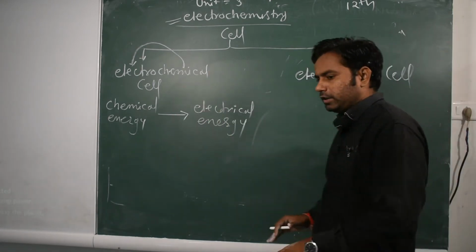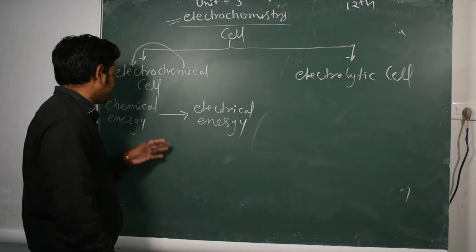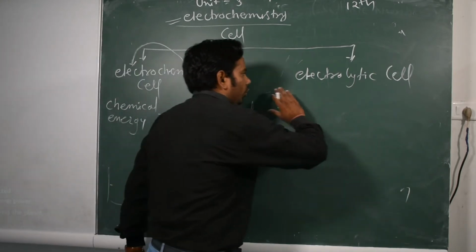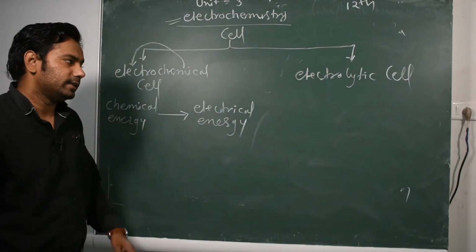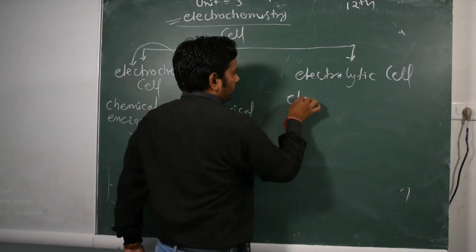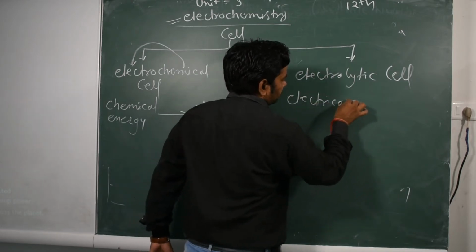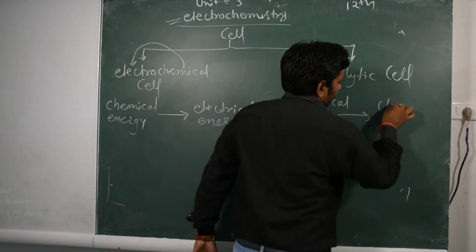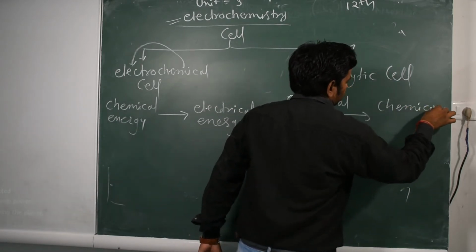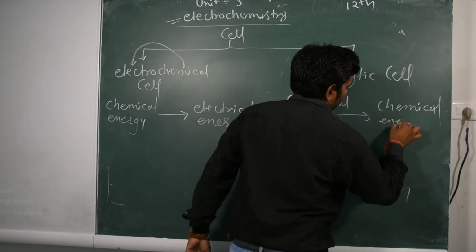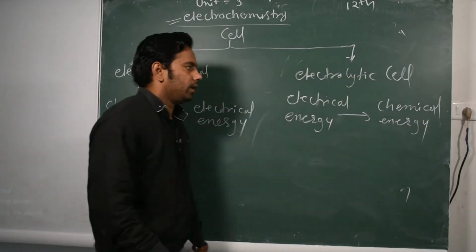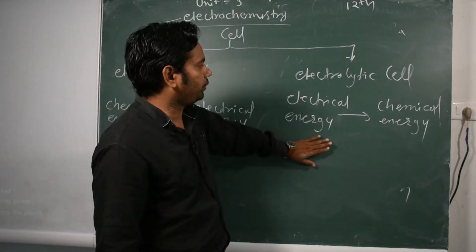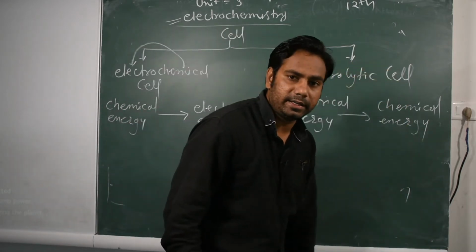Its definition: a cell in which electrical energy is converted into chemical energy is called an electrolytic cell.